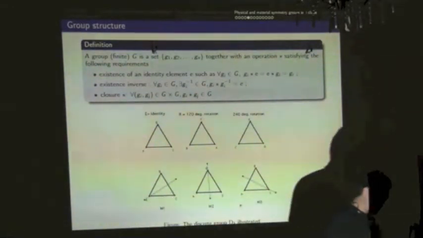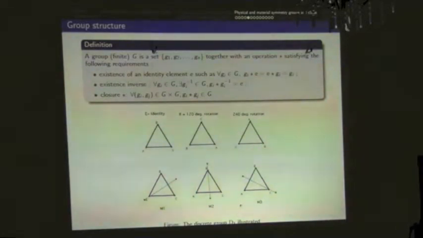And as you see, these elements are the elements that take one equilateral triangle and leave it invariant.